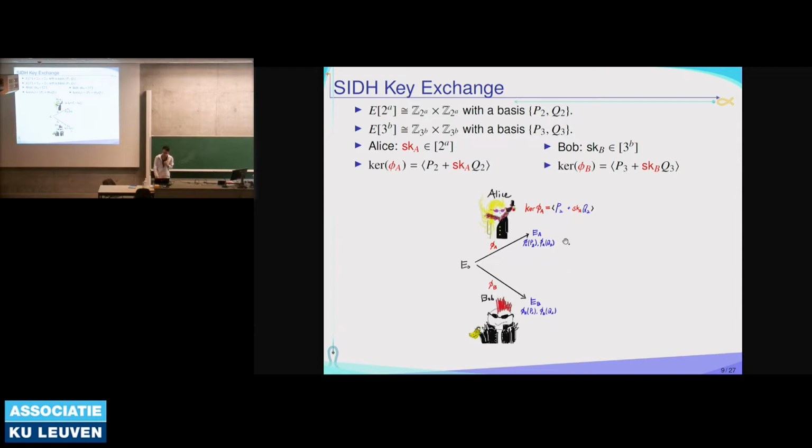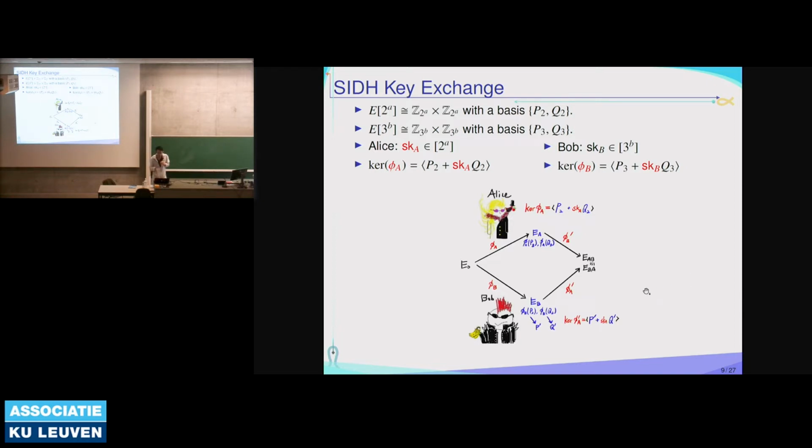So how do they do a key exchange? For example, Alice takes Bob's public key, and she computes phi_A' to obtain the curve that is called E_BA. And the kernel of phi_A' is P' plus SK_A times Q', where P' and Q' are the torsion points obtained from part of Bob's public key.